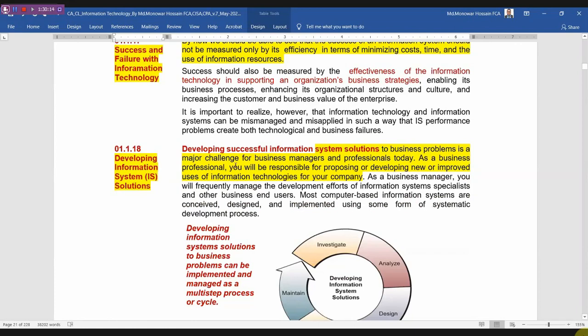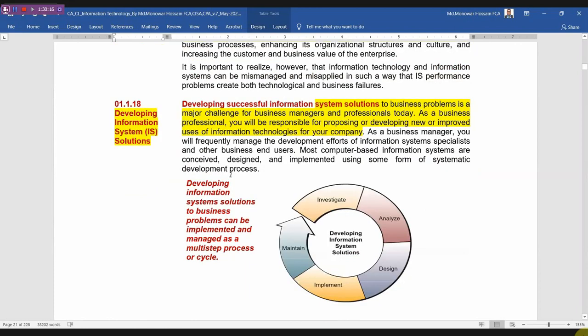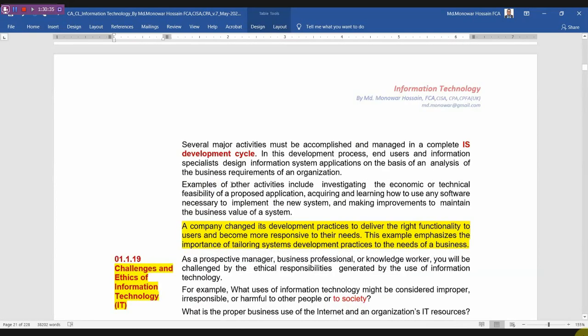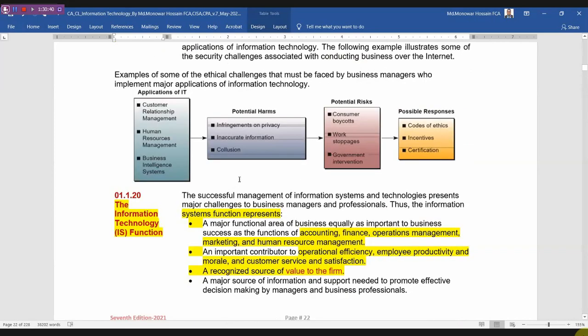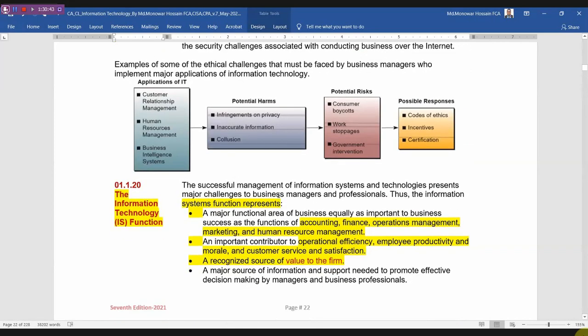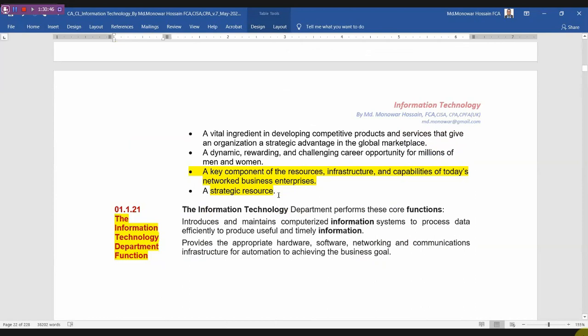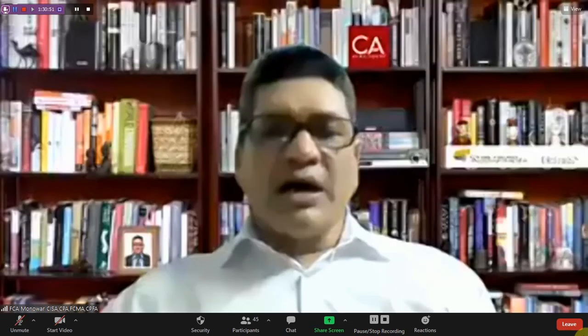We saw the development of information system solutions and its cycle: investigate the need, analyze the need, design the system, implement the system, and maintain continuously. We also saw the challenges and ethics of information systems, and the information systems function as a technology function. So this one chapter we have completed.